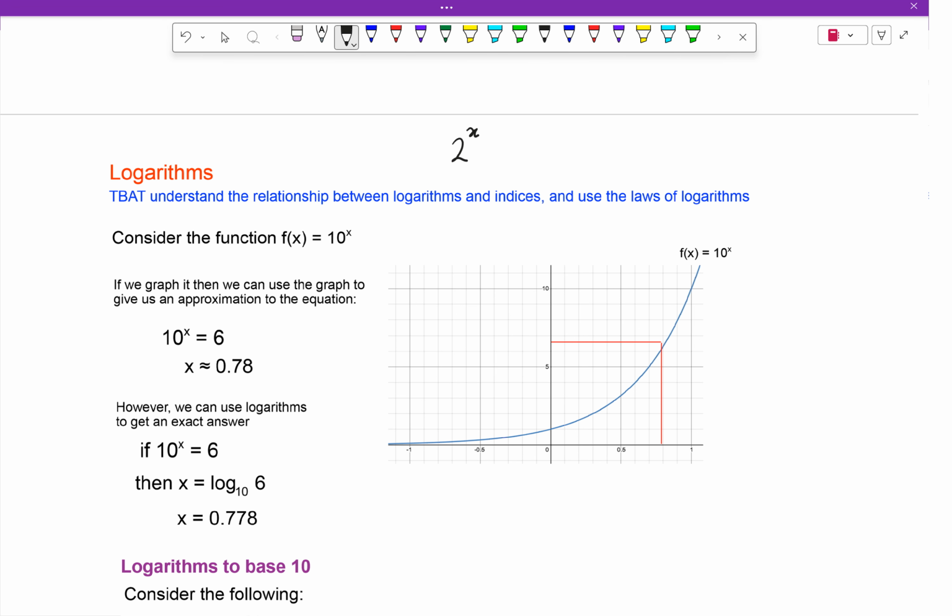So that becomes log base 10 of 10 to the power of x equals log base 10 of 58. Because these two cancel out, x equals log 58 with base 10.